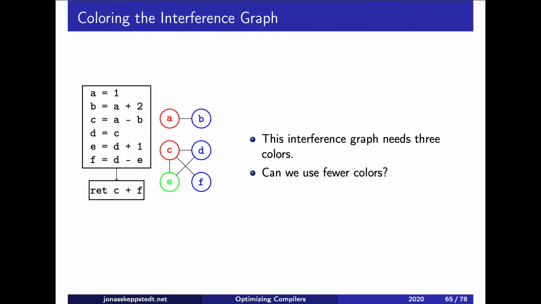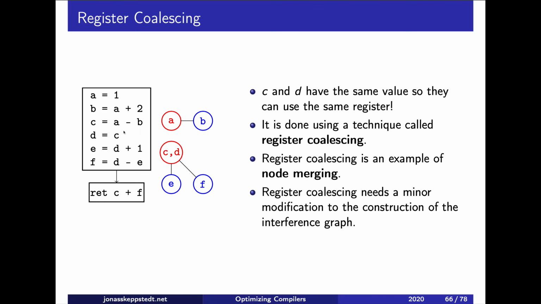And assuming you want to continue, I will continue. This assignment makes D and C have the same value, obviously, at least just there. And since there was no other edge between these two, we can merge them into one. This is not always possible, but it's often possible.